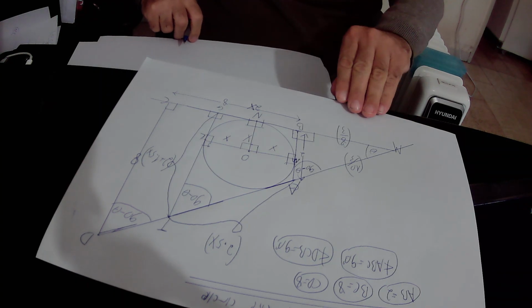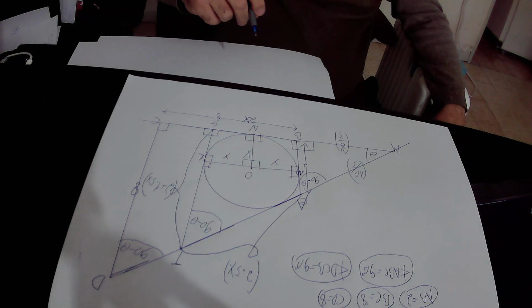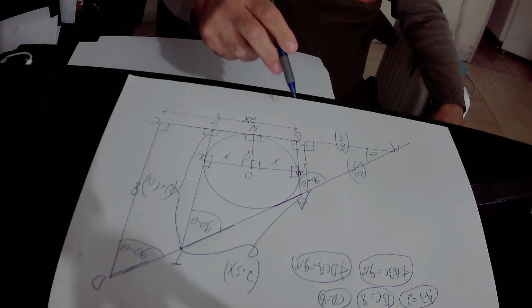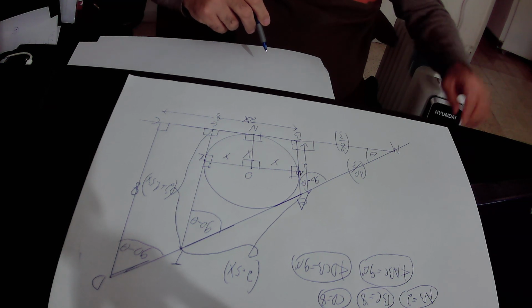In the next step, I'll copy quadrilateral ATGB in a new page, and we'll analyze it.